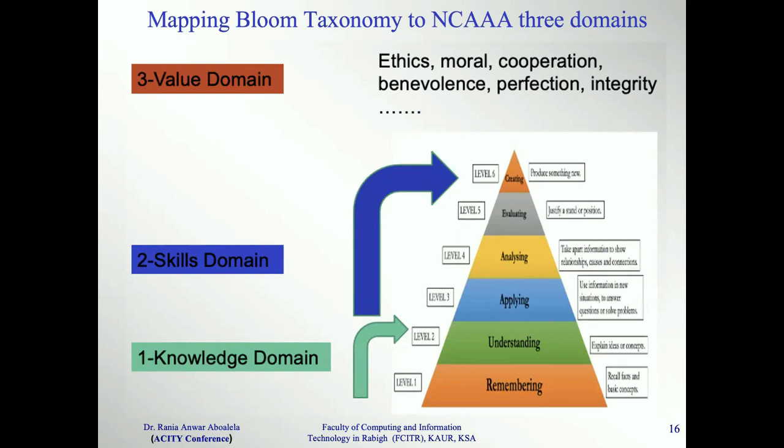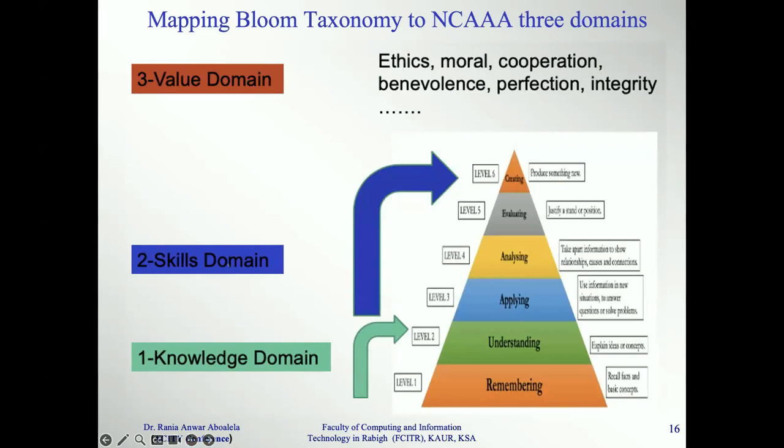So I map the 3 domains of NCAAA to the ABET. The lowest level in NCAAA, which is the knowledge domain, maps to understanding and remembering, which are the first level and second level in Bloom taxonomy.